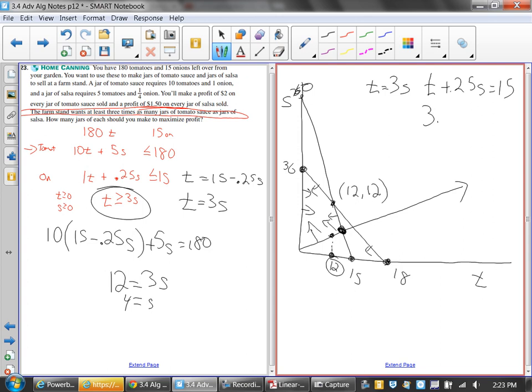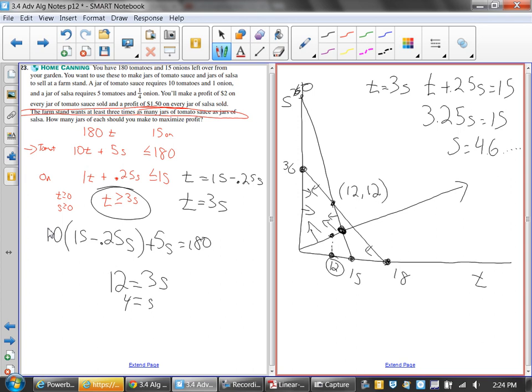When you set that up, you get 3.25s is 15, so s is equal to 4.6 something. Can I have a decimal amount of jars of salsa? No. And if you went more than that, you'd be over exerting what you're allowed within your parameter, right? So you have to use less than that. And that's where you get the 4, and then you substitute back in and you get 13 and change, and that's where you get 14 on the other one. You have to round the other way on that one too.